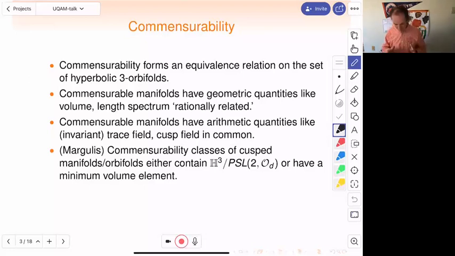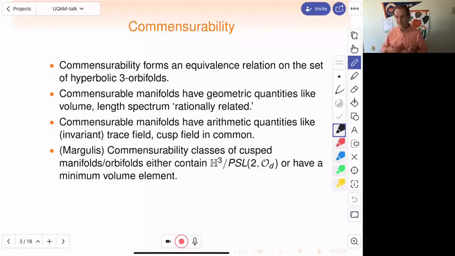Right. So commensurable manifolds and orbifolds, if we look at the group picture, we can associate arithmetic data to the representations of the groups, and a lot of that data is going to be the same, right? So we can work over the same fields in order to define the entries of the elements.